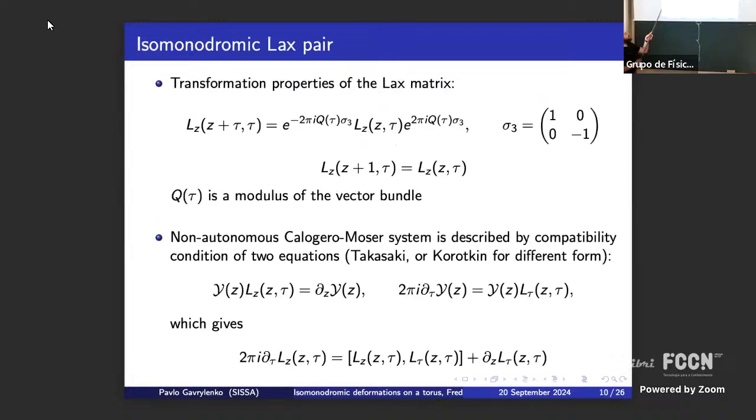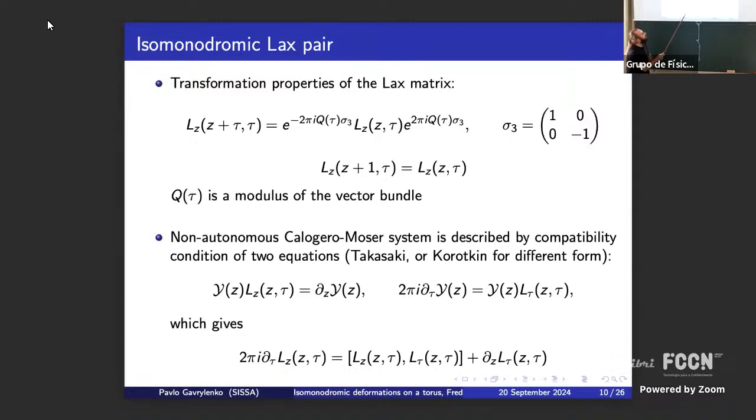Okay, so here are the transformation properties of this Lax matrix. There are no functions with a singularity at 0, so we should get something nontrivial when we continue along the cycle.